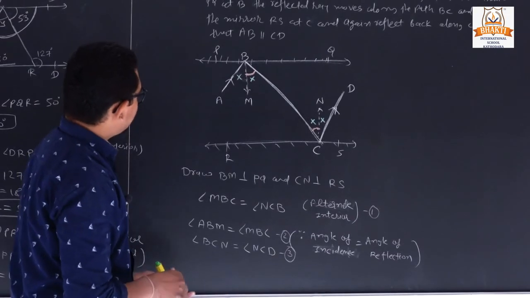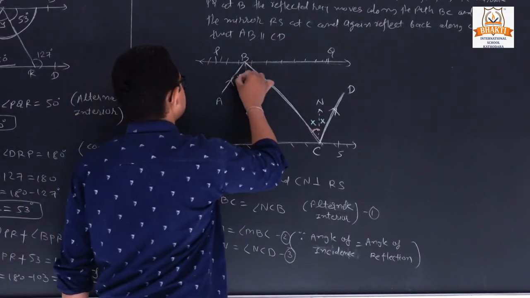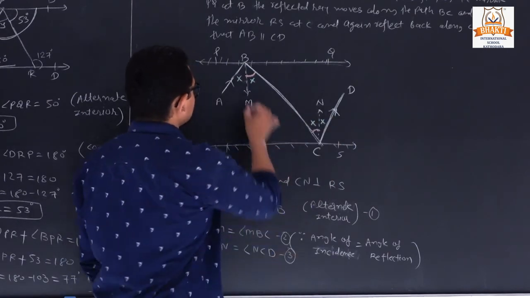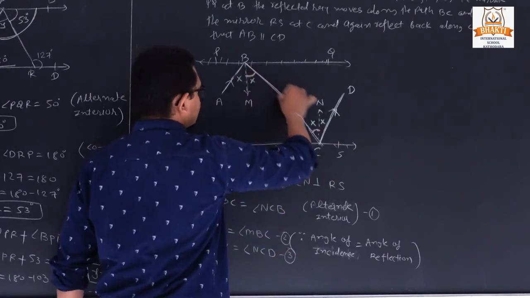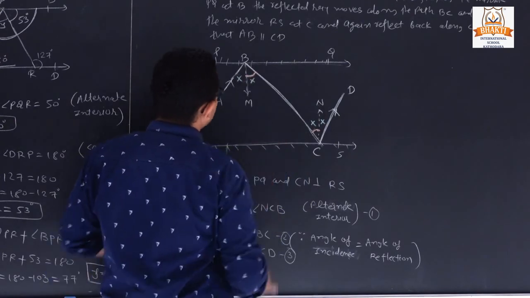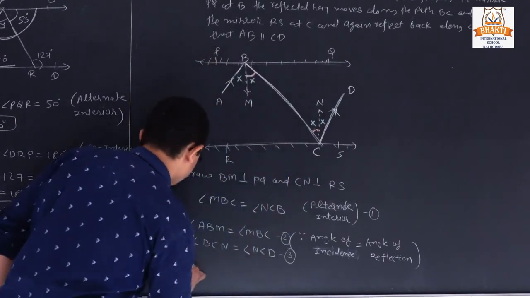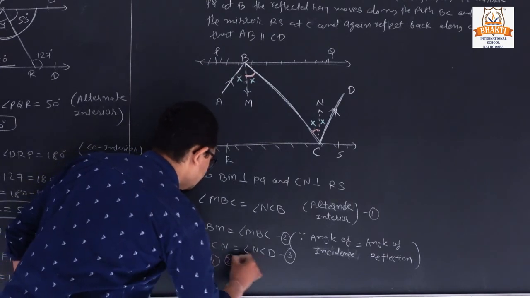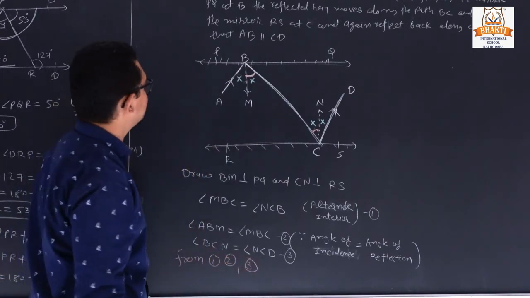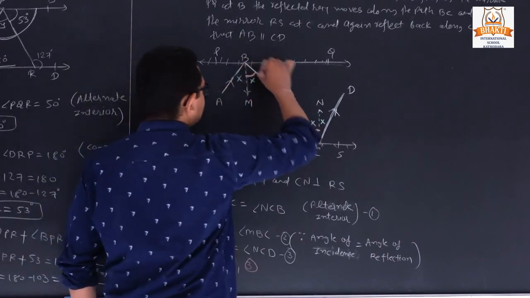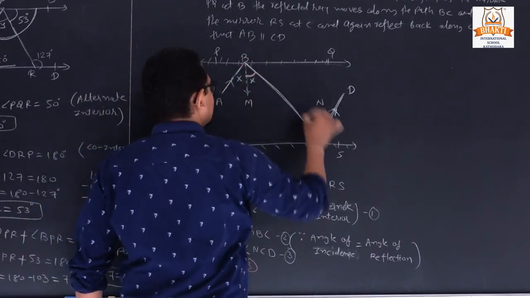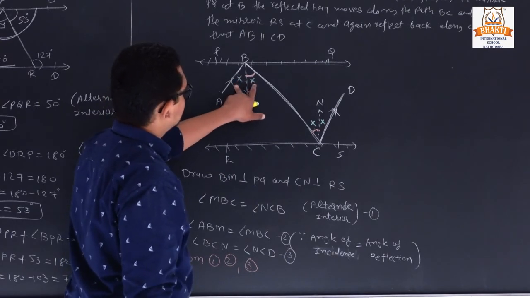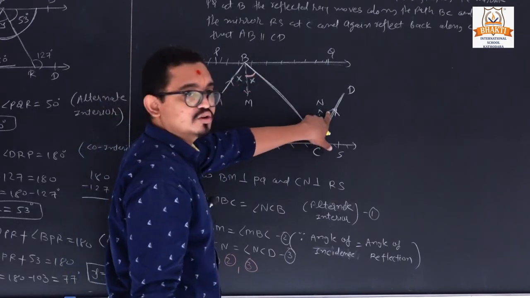Now we can add these both, this and this, and we can also add these both. So from results number 1 to 3, angle ABC is equal to BCD. Clear? Because the sum of these both is equal to the sum of these both.